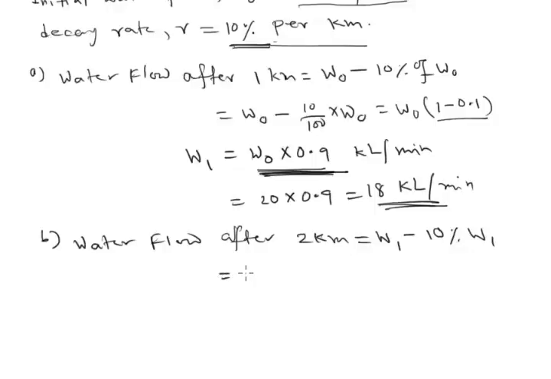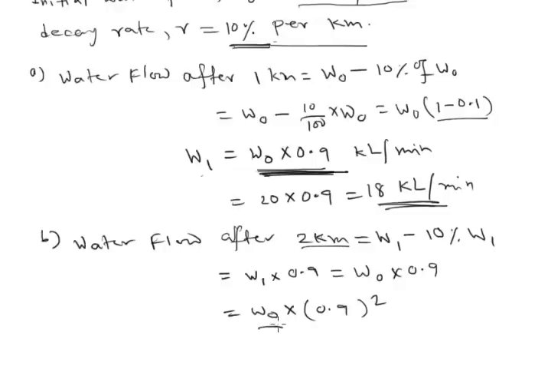Similarly, where it was W naught minus 10% of W naught, we got W naught times 0.9, here W1 minus 10% of W1 gives W1 times 0.9. And W1, the water flow rate after 1 kilometer, is W naught times 0.9. So it will be W naught times 0.9 square after 2 kilometer.